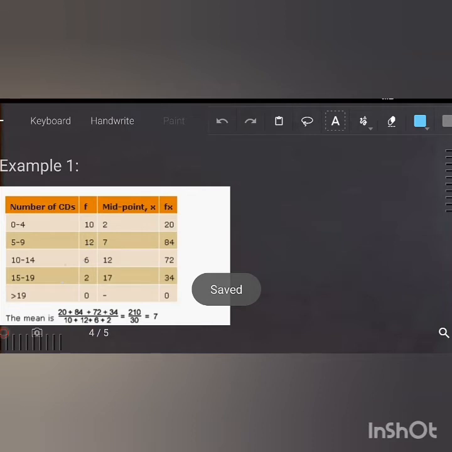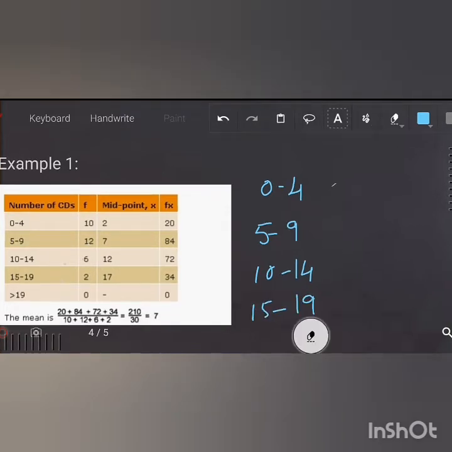Now look at this example. Here the first class is 0 to 4 and the second class is 5 to 9, third class 10 to 14, 15 to 19. Now how to find out the mid value? 0 plus 4 by 2 is nothing but 4 by 2, which gives us 2.